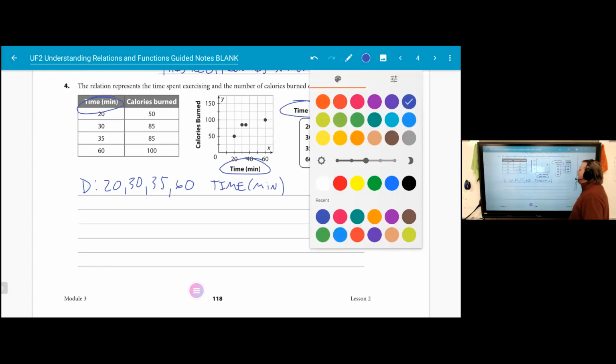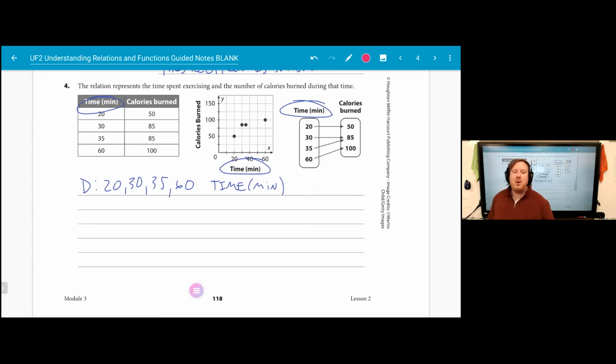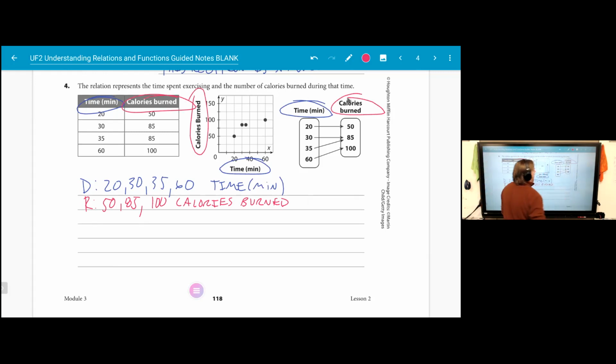Those are all my inputs. My outputs are my range. My range values are 50, 85, and 100. I don't have to write that one twice. That's represented by calories burned, and I know that because that's right here, and right here, and right here.